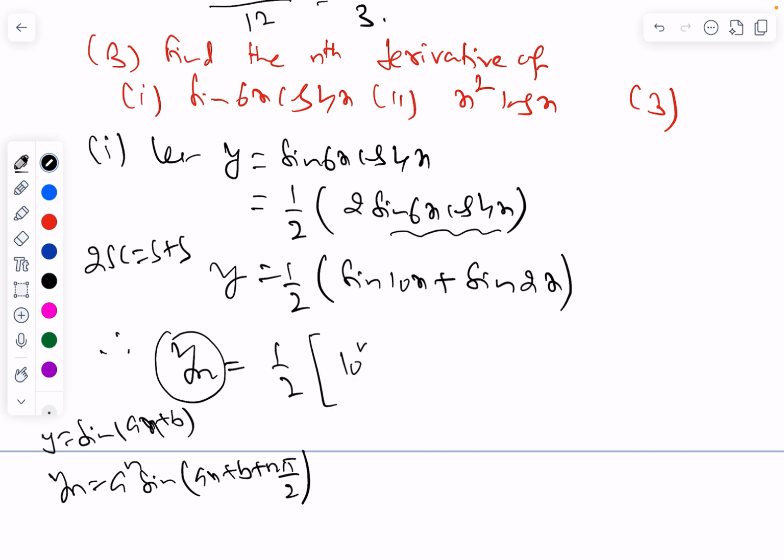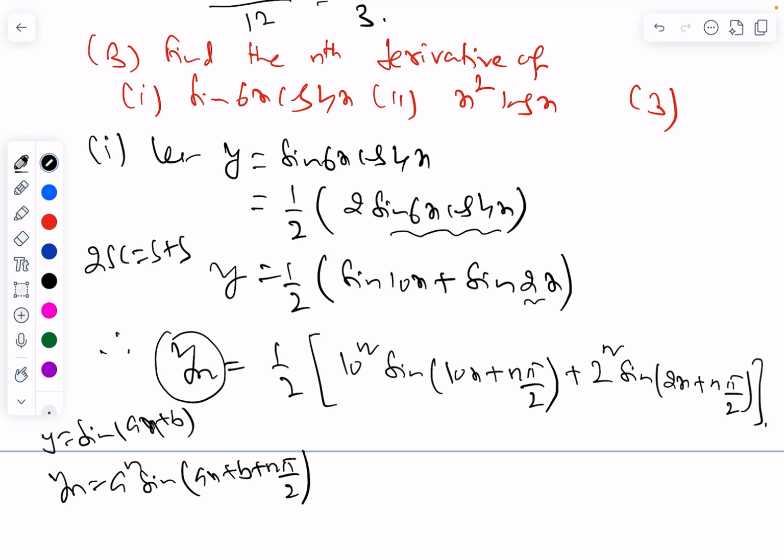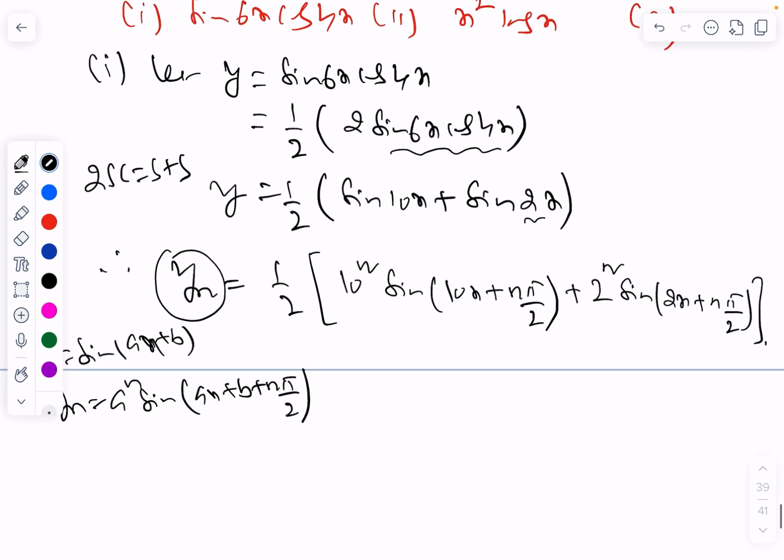So this is 10 power n sine of 10x plus n pi by 2 plus 2 power n sine of 2x plus n pi by 2. So that is the answer.